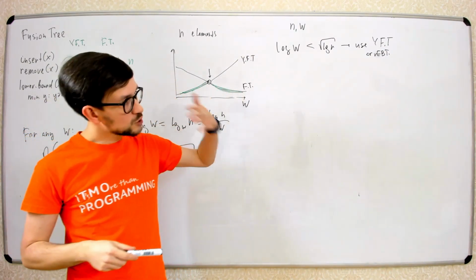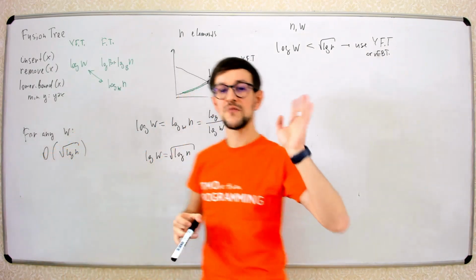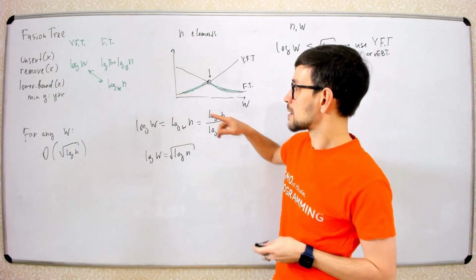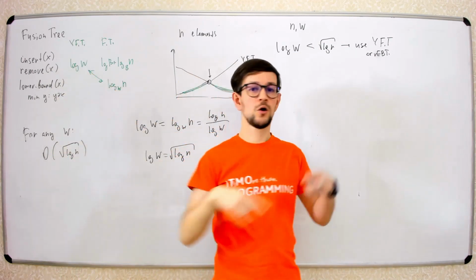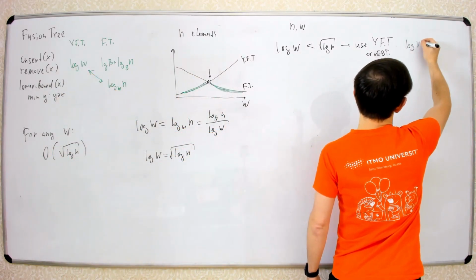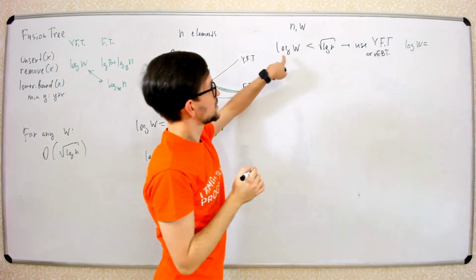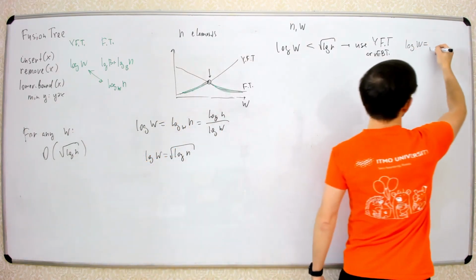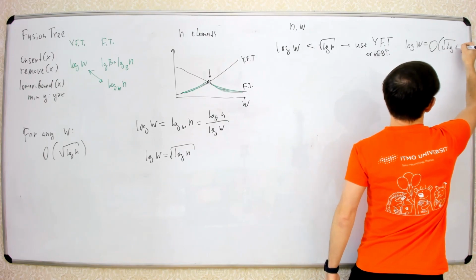If you use y-fast tries or van Emde Boas trees, time complexity will be log W, and since log W is less than the square root, it will be big O of square root of log n.